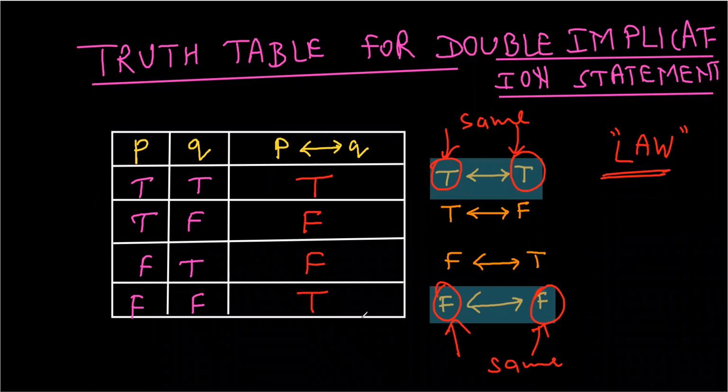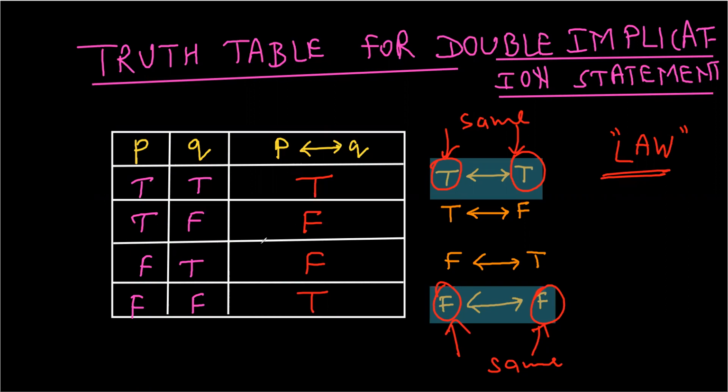If you remember it this way, you will remember. Otherwise, you will get confused. You just cannot remember by mugging it up. True, double implication, true is true, true, double implication, false is false, false, double implication, true is false, false, double implication, false is true. This is not the way. You cannot learn it.